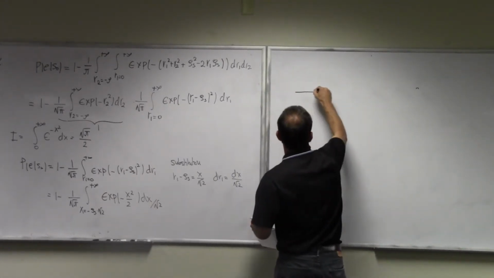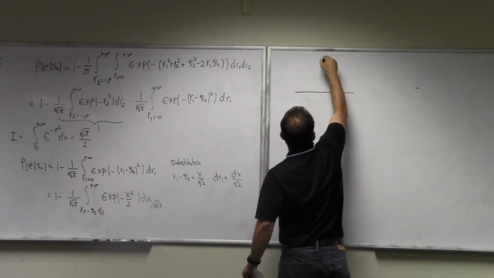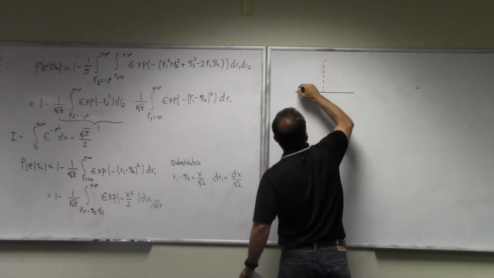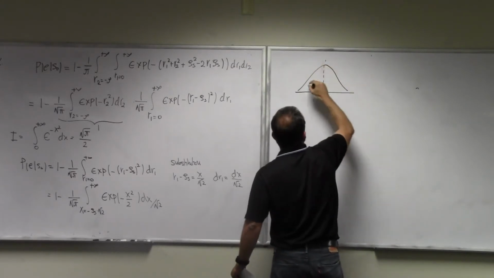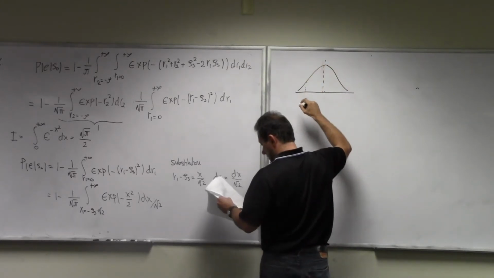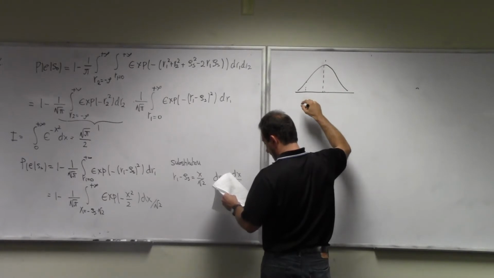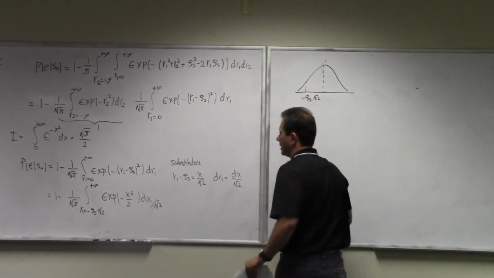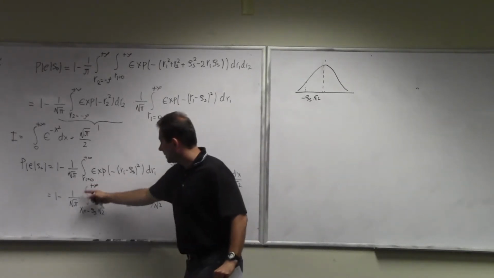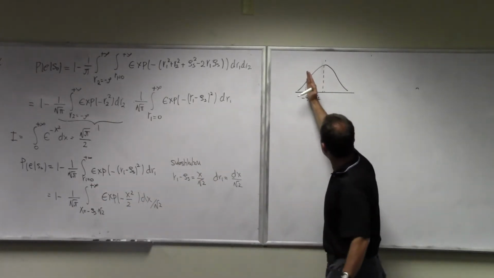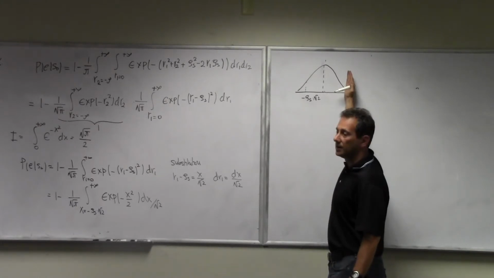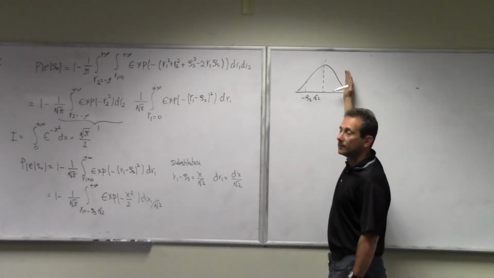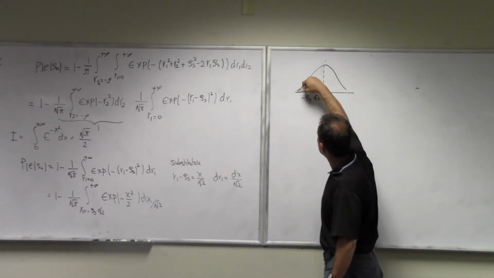So here's what we need to evaluate. This is our normal distribution. This point here is minus rho s times square root of 2. Now this whole thing is upper tail normal, so it's from here to the right. But 1 minus that is what? This, right?